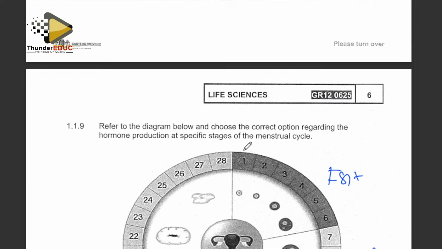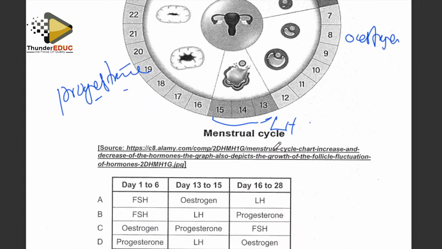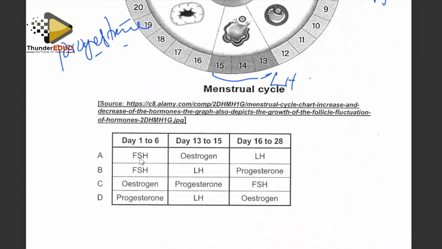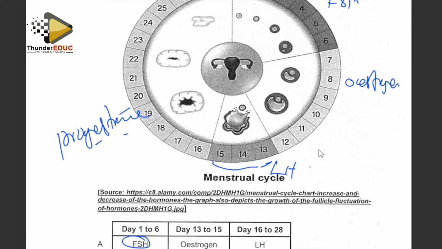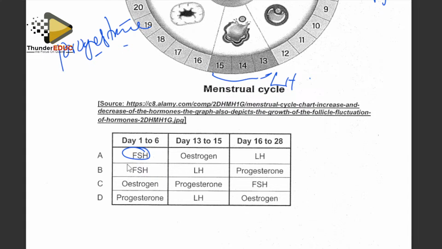All right, so now we start here. They're asking for the correct option regarding the hormonal production at the specific stage of the menstrual cycle. From day 1 to 6, we have to look for FSH because we said it here, FSH. So meaning that now these two are wrong.